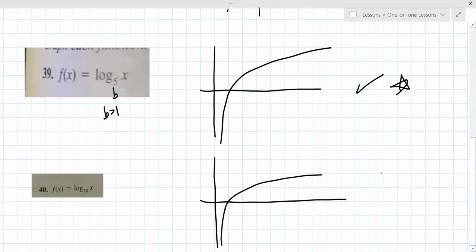This one is flatter compared to this one. That's it. There's nothing more to do here. That's why I keep asking if there is anything else, because these are not good questions. They're not testing your understanding of transformations, but this next one kind of does.